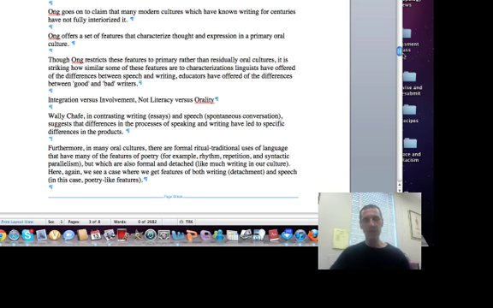There have been, and even are to this day, discussions of differences between oral and written. Linguists today, for example, one of the famous linguists who studies writing, Wallace Chafe, contrasts writing essays and that of continuous speech, suggesting that differences in the process of speaking and writing have led to specific differences in the product.